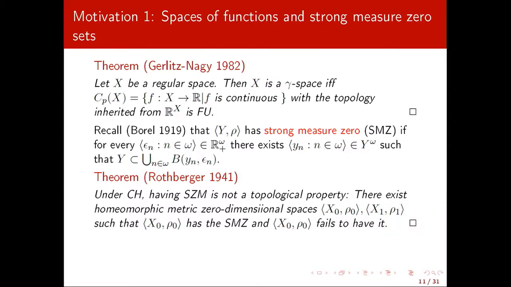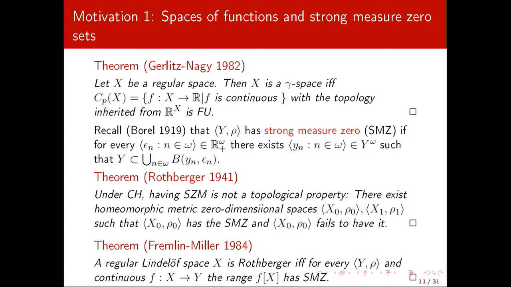Good. But Rothberger observed that strong measure zero is not a topological property. So you may have, under CH, two metrizable spaces which are homeomorphic as topological spaces, but one of them has strong measure zero, and the other does not. And then he introduced his property, of course not under the name Rothberger property, as a topological property which is very similar to it. Because if you think about strong measure zero, it's just like the Rothberger property, in which the sequence of open covers is very restricted.